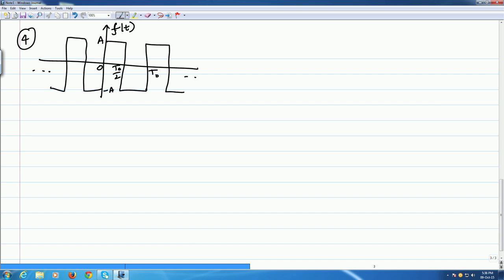The first step when you want to find the Fourier transform for periodic signals is to write the Fourier series for this signal. Usually the exponential Fourier series is quite easy to write down. You might want to write this f of t as a Fourier series of e power j n omega naught t. I am not going to show you how you do the Fourier series for this in detail. I believe one of the earlier assignment questions had this.